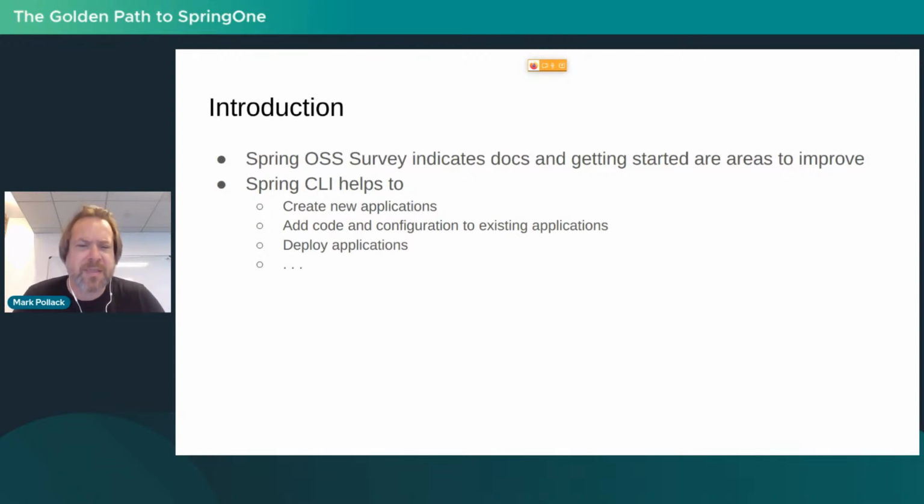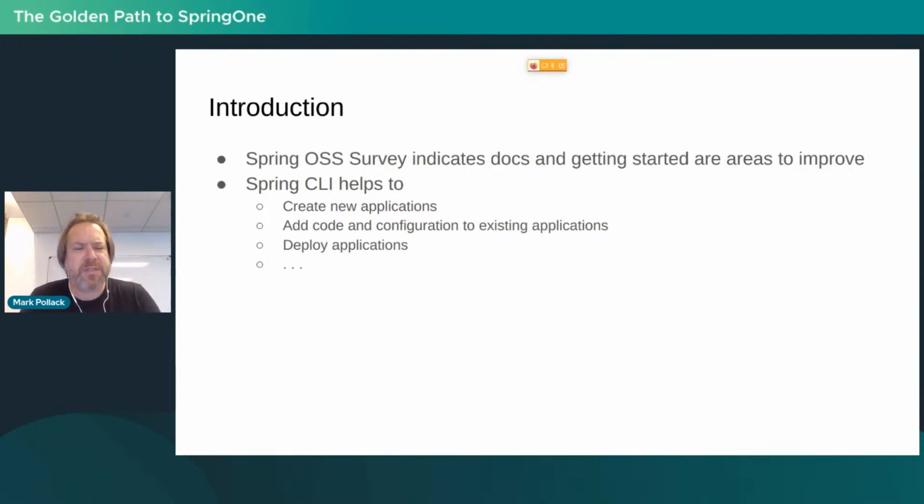And a consistent theme is around documentation and getting started. Part of these efforts were begun last year. So if you've looked at the new Spring Security and Spring Boot documentation, they're made using Antora. That's part of the initiative, and Spring CLI is also part of this initiative.